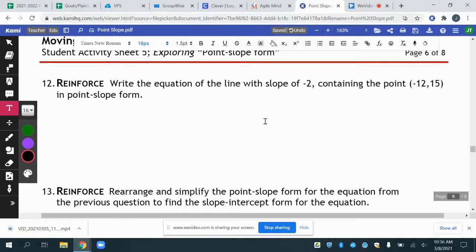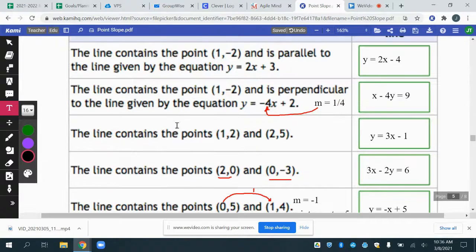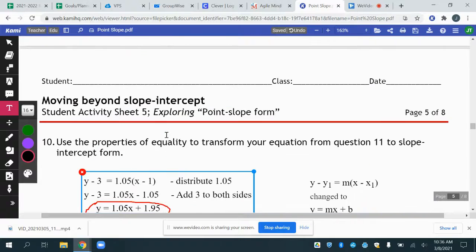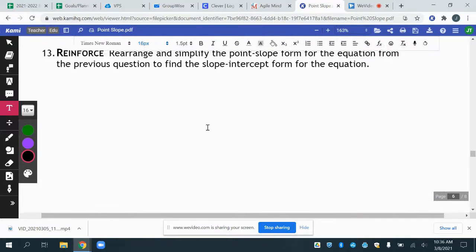Last two pages: write the equation of the line with a slope of -2 containing the point in point-slope form. Okay, so what am I going to do? I'm going to go up and copy this because I want to save time. It just takes so long to write that out.